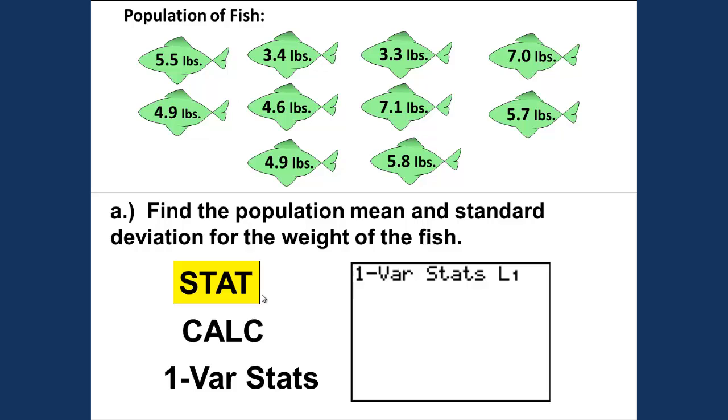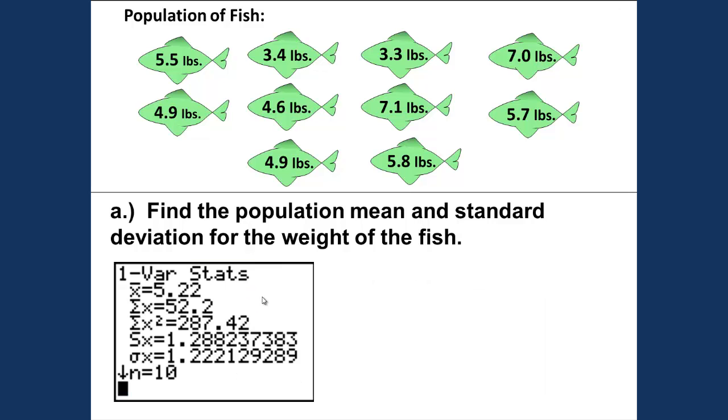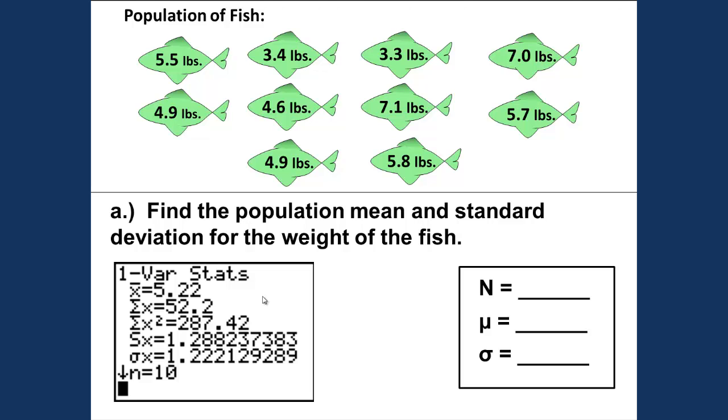Then you'll need to choose List 1 because our data was in List 1. Press Enter and the calculator gives you the following screen. Here we can find the information that we need. Again, remind ourselves that we're looking for capital N, our population size, mu, and sigma.